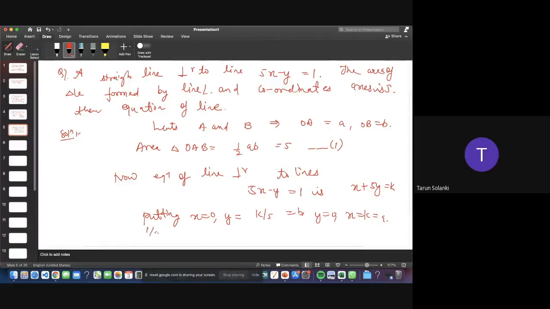So half of k into k/5 = 5, which is from equation 1. Hence k squared = 50, so k = 5 root 2. So x + 5y = plus or minus 5 root 2. So this is our answer, right?